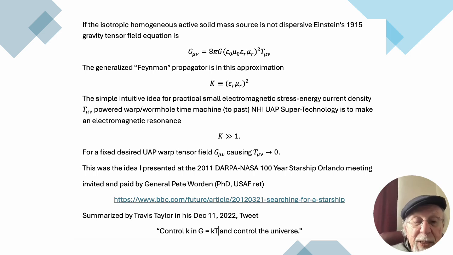I was working with some of his guys from NASA Ames in an informal way, and he invited me. I helped organize the conference, and he invited me to Orlando, where I gave this talk. The basic talk I gave in 2011 was summarized by Travis Taylor in his December 11th, 2022 tweet: control K in G equals KT and control the universe.